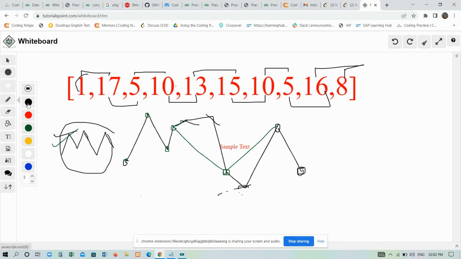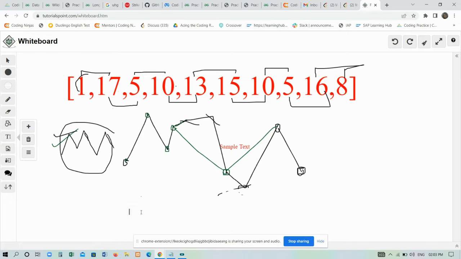So typically we can solve this question with the help of a two variable method. Like for example, first one, let me just move this text box over here. Let's just discuss over here.